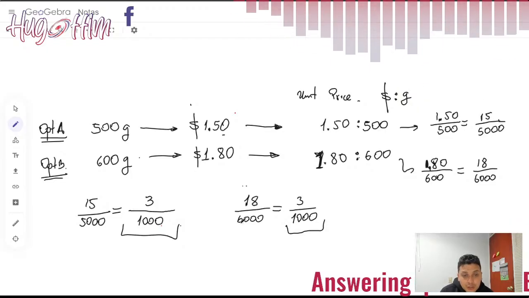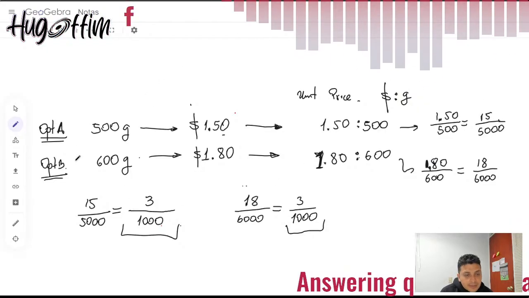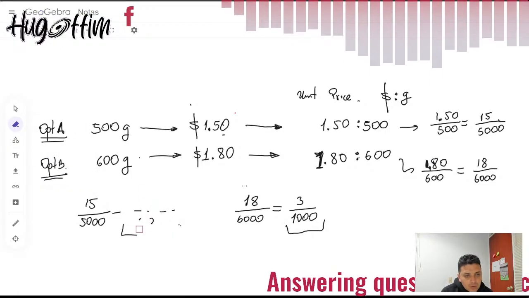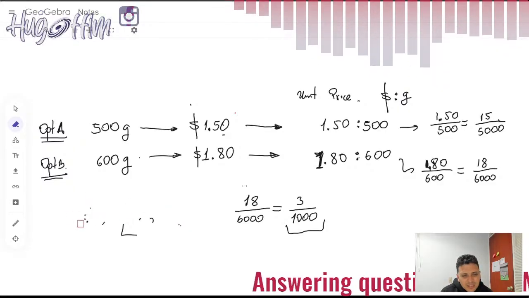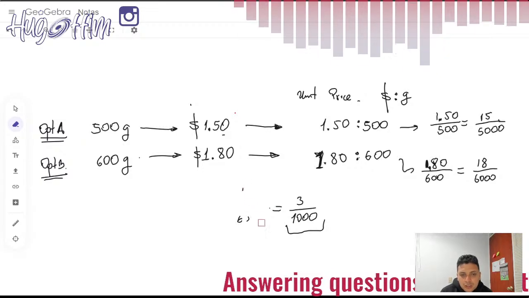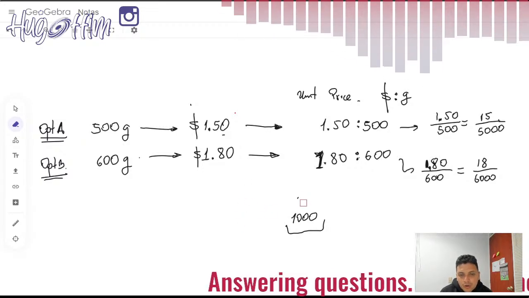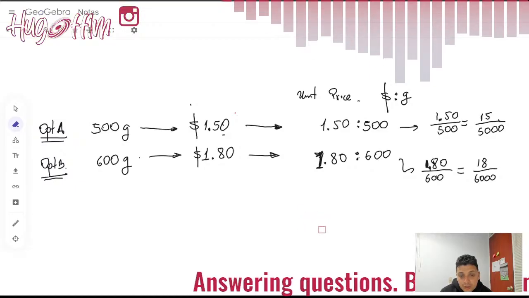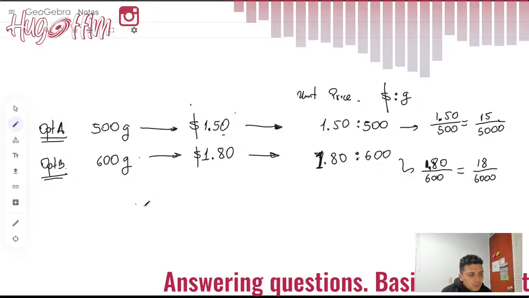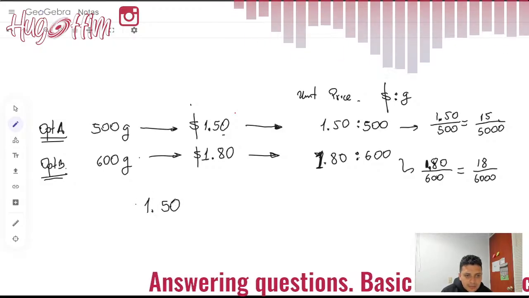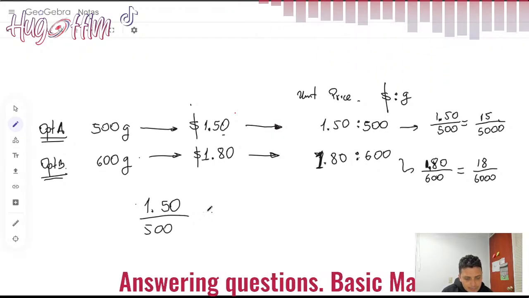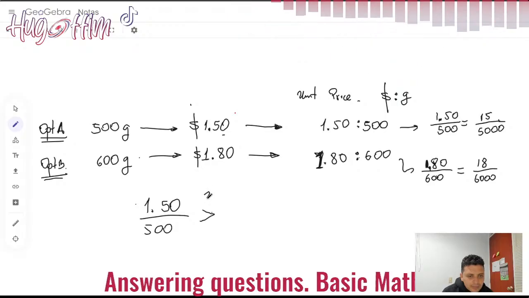Now the other option to test it is to compare both fractions or both ratios. I prefer to say ratios rather than fractions because in this case we have ratios. You get a fraction when you have the ratio in simplest form, or with two integers. In this case we don't have two integers. So I'm going to put one ratio, 1.50 over 500, and I don't know which one is equal or greater than.